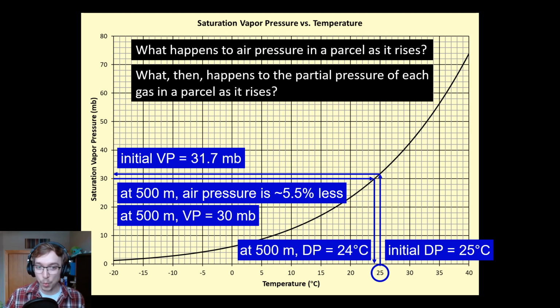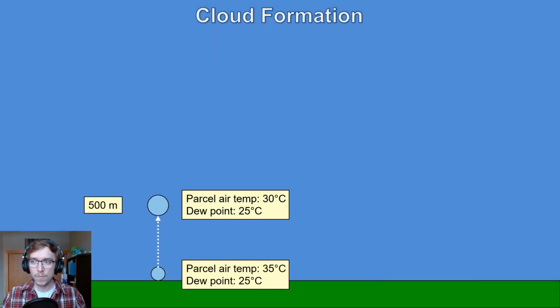And the quick math you can see here is if you're going 500 meters up and we had a full degree Celsius of change, well, the quick math on that is about 0.2 degrees Celsius for every 100 meters. And that's kind of what it comes out to be. So let's rectify this a little bit.